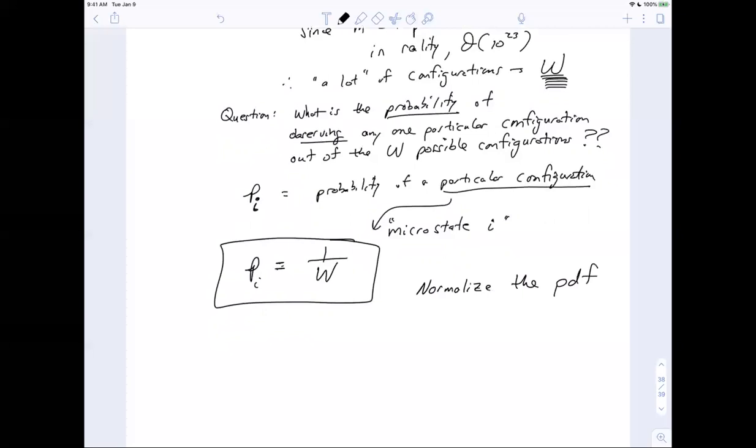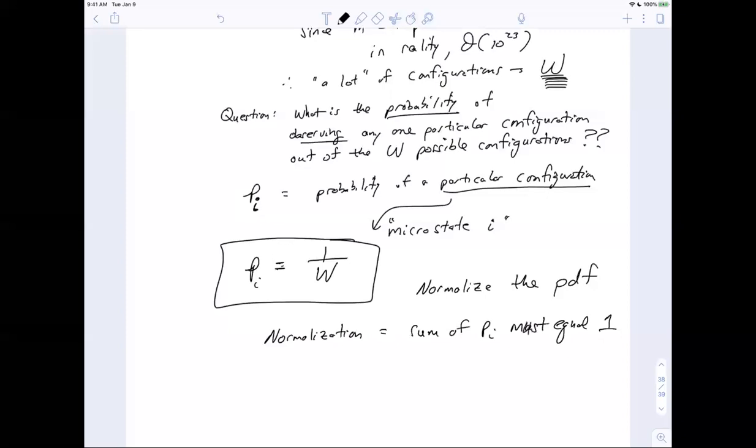Well, normalization means that the sum of p sub i must equal 1, as Sheldon pointed out, because all of the probabilities have to add up to 1.